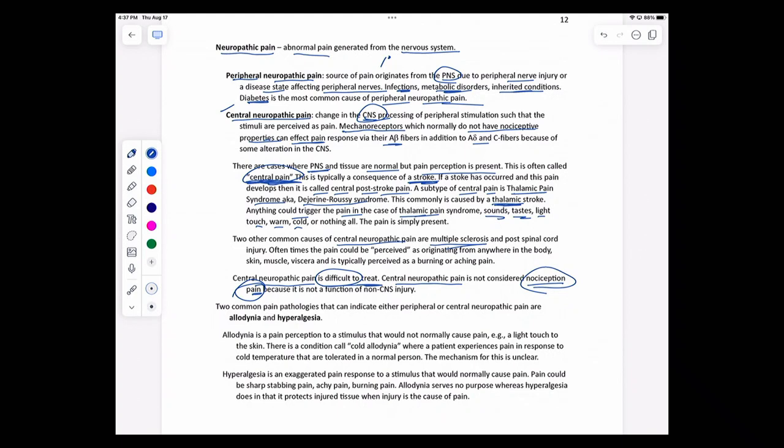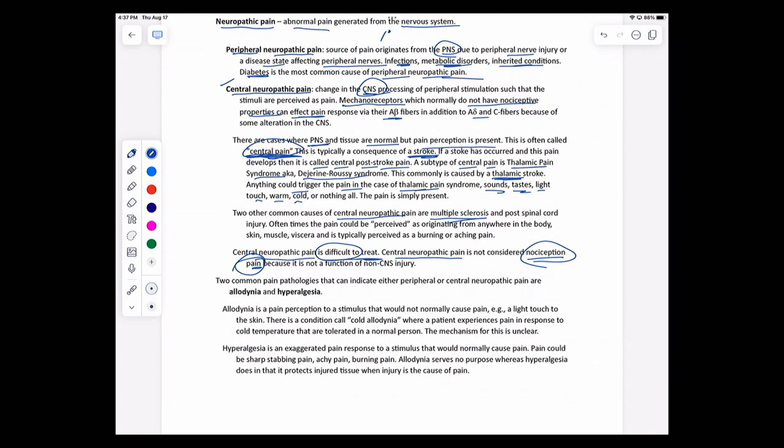I want to wrap up by defining two very important terms when we're talking about pathological pain. These terms could be associated with either peripheral neuropathic pain or central neuropathic pain, and they are called allodynia and hyperalgesia. Let's take allodynia first.